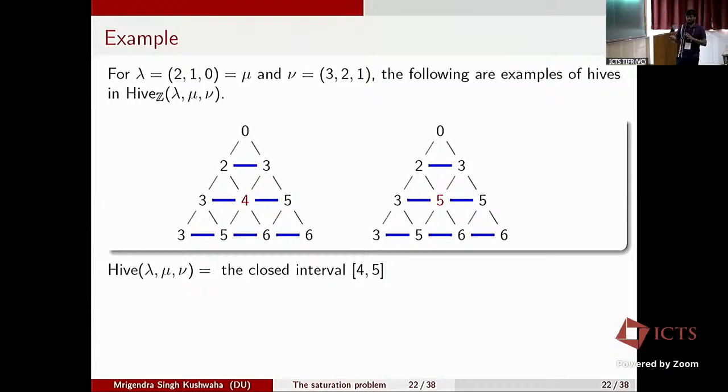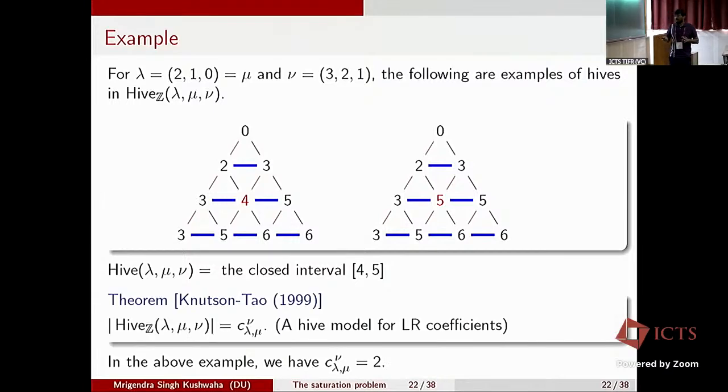So it is just this hyperpolytope. Knutson and Tao proved that the number of integral points in the polytope is equal to the LR coefficient. Here we notice that there are only 2 integral points, so in this case the LR coefficient is 2. So this is a Hive model for the LR coefficient.